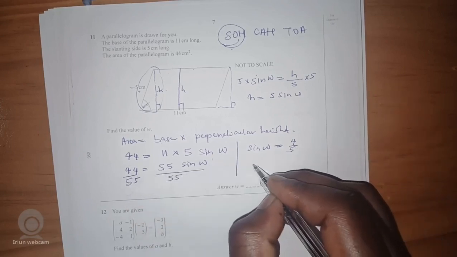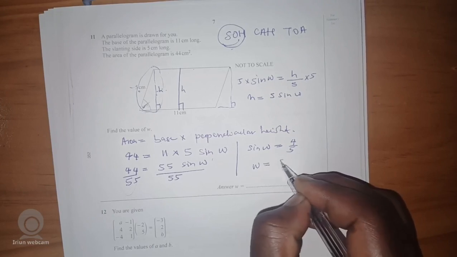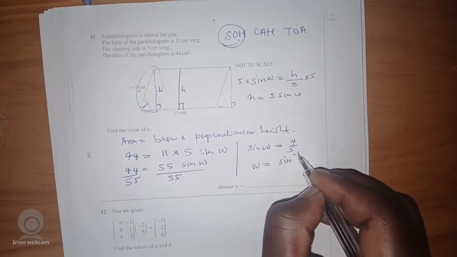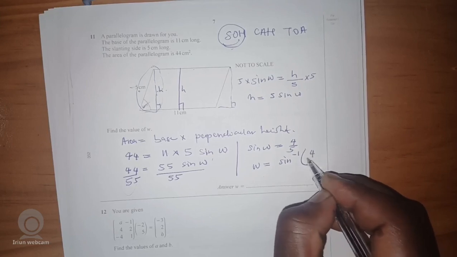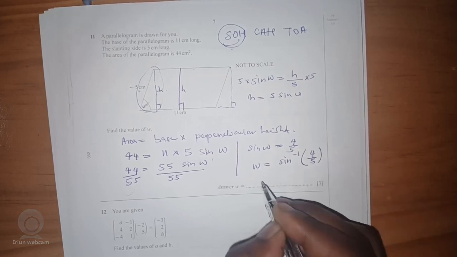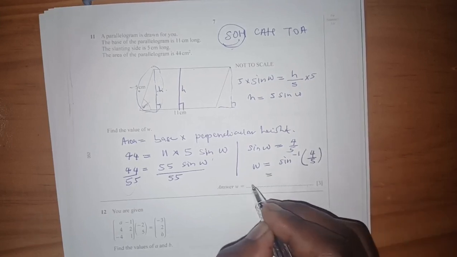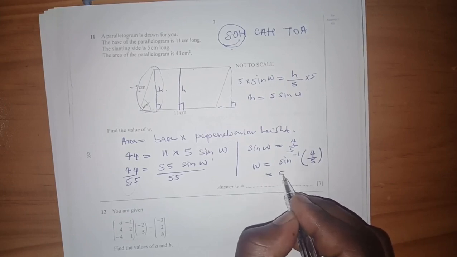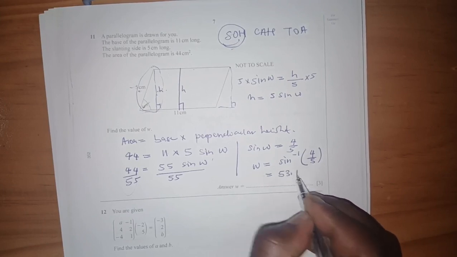Then your W is now equal to the arc sine, this is very important to write, of 4 over 5. Then take your calculator and put that in. So your W is going to give you something like 53.1.